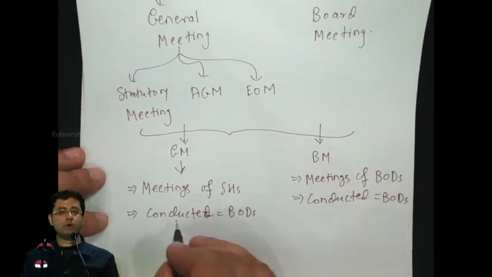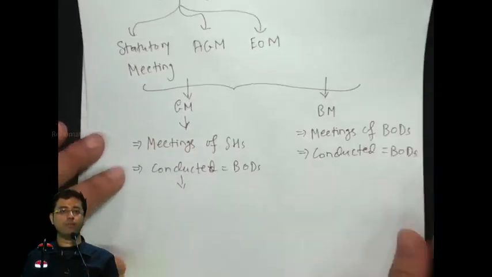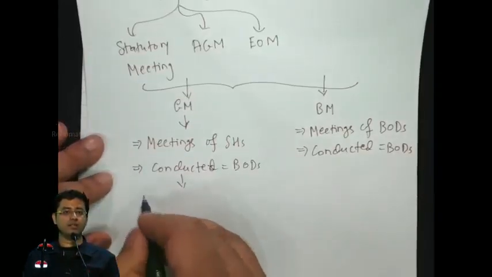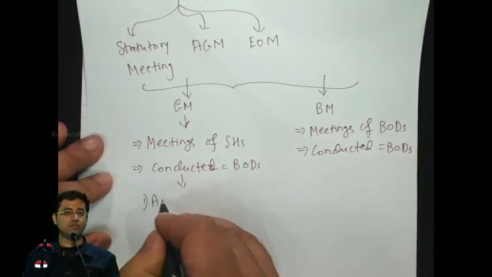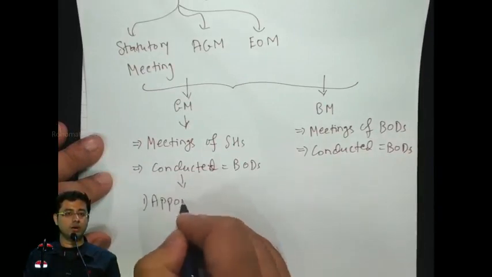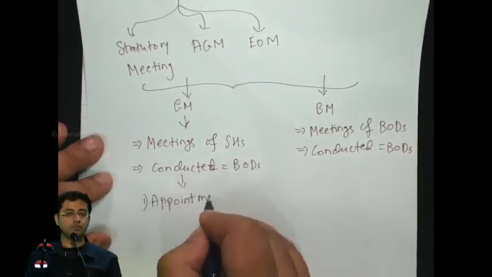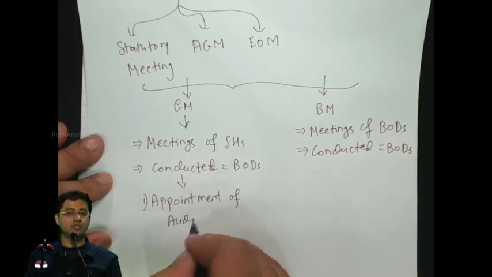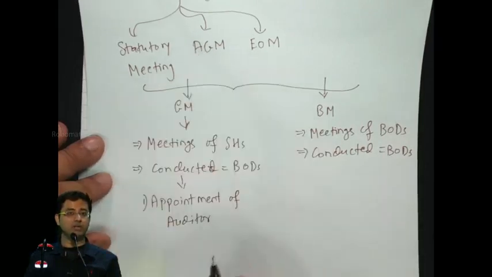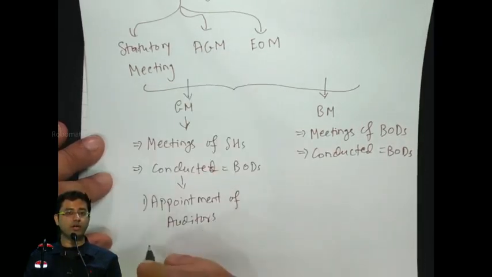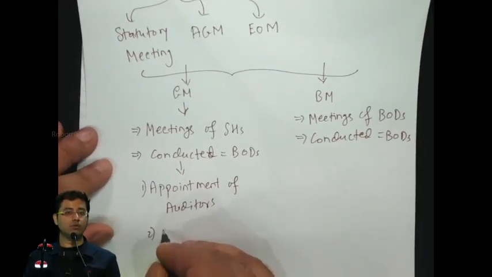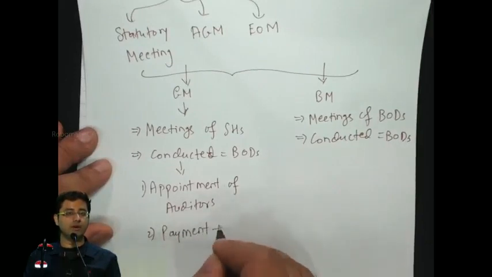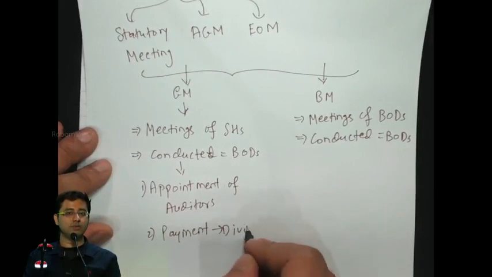If I want to appoint an auditor, that decision is taken in the shareholders meeting, particularly in the annual general meeting. So the appointment of auditor, and if I want to make payment of dividends, all these decisions will be taken in the general meetings.